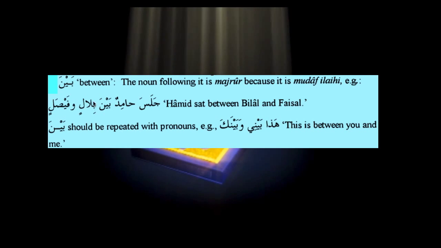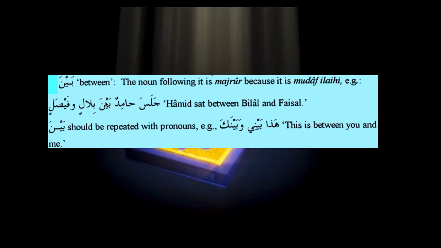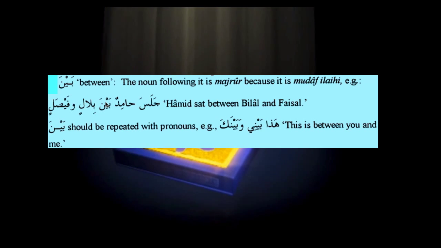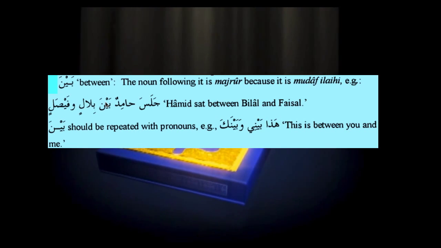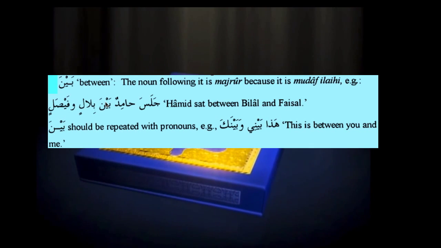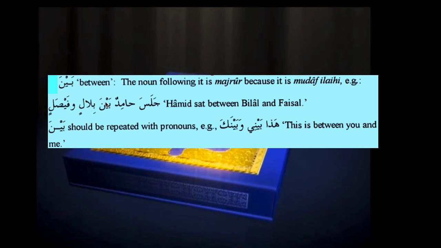However, bayna has a special characteristic, which is why it's mentioned separately: whenever a pronoun is attached to bayna, like baynahu, baynaha, baynahum, baynahuma, baynahunna, baynaka, baynakum, bayniki, baynakuma, baynakunna, bayni, baynana, then bayna is repeated between the two pronouns. For example, hadha bayni wa baynaka, this is between you and me.